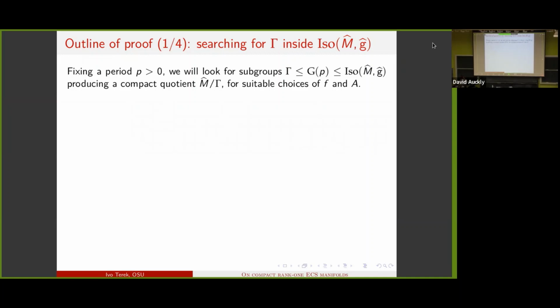We're going to look for subgroups gamma inside of this. So the first thing I have to do is to tell you what this smaller group we'll be doing our search in is. As a curiosity, the full isometry group turns out to be a semi-direct product between something funny and a Heisenberg group. So there are a few deeper things going on here, but we'll not touch this.